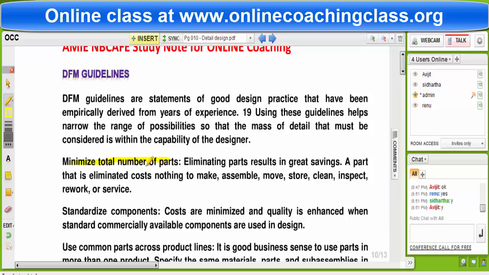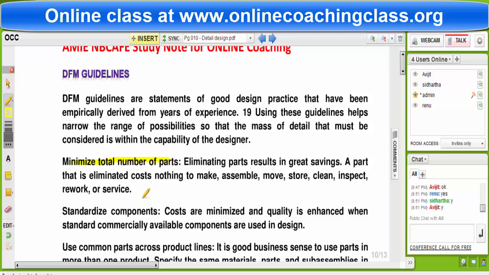Those are: minimize the total number of parts. That means eliminating parts results in cost saving. A part that is eliminated costs nothing to make, assemble, move, store, clean, inspect, rework or service.